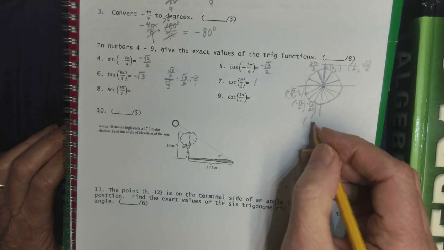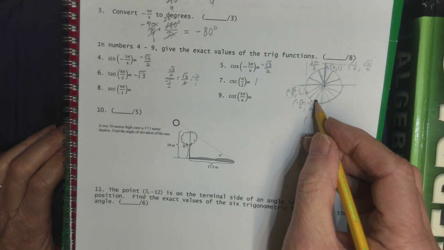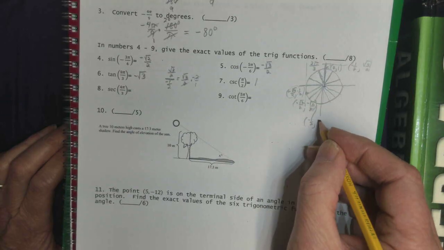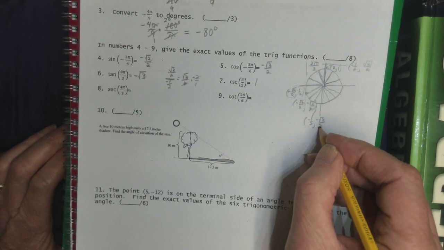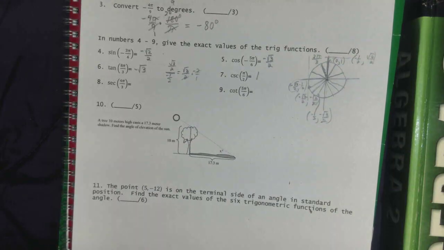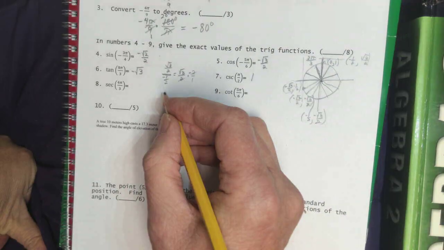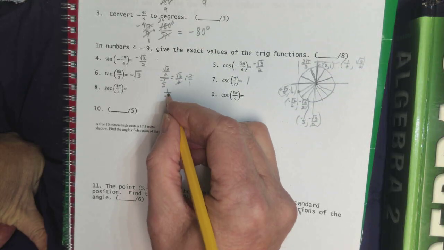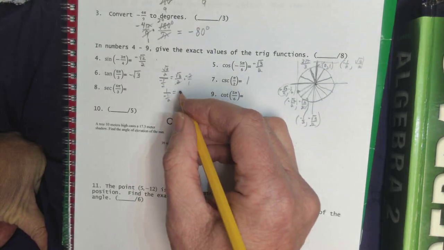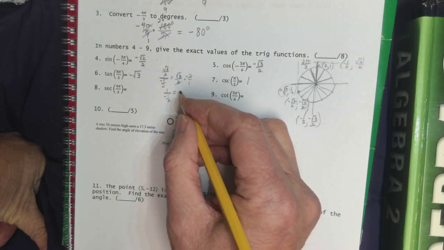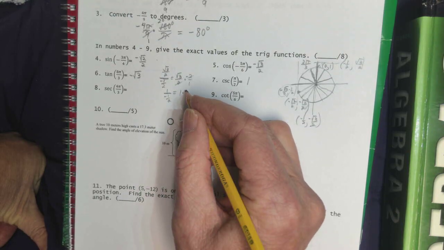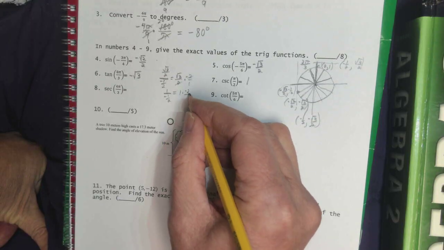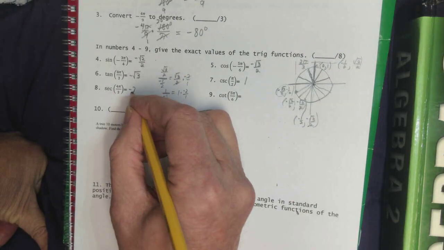The x-coordinate is negative 1/2, and the y-coordinate is negative square root of 3 over 2. The secant is 1 over cosine. 1 over negative 1/2, or the reciprocal of that, and that's going to be negative 2. Keep, change, and flip, and you're going to get negative 2 with that one.